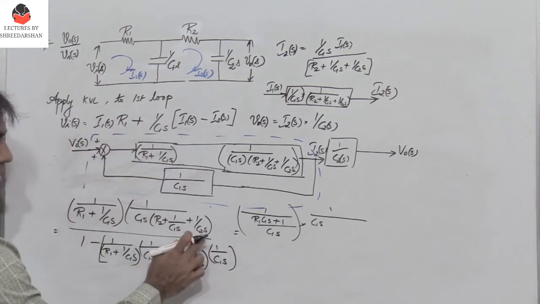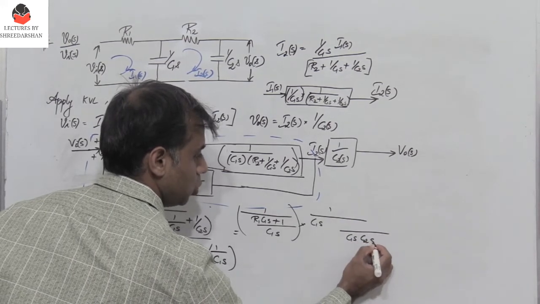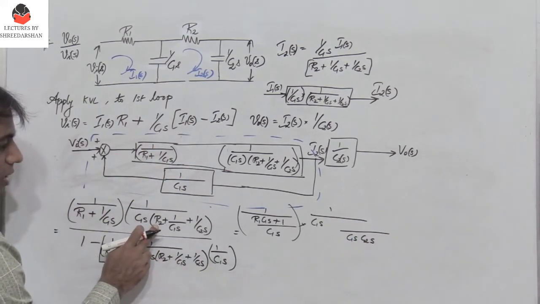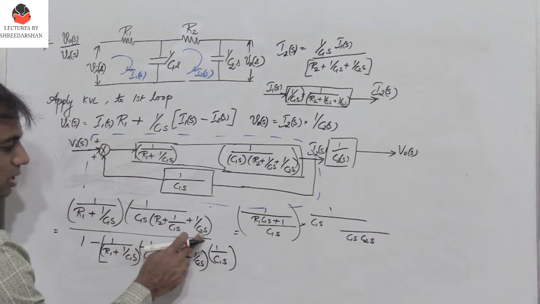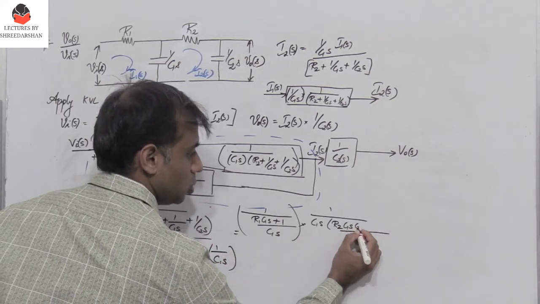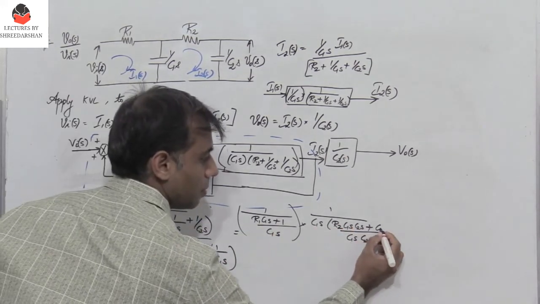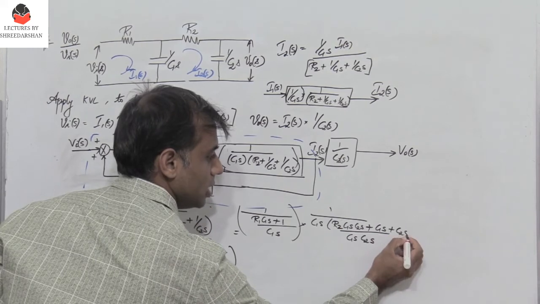So if I take the denominator common, which is C1S C2S, so I have R2 which gets multiplied with C1S C2S. So R2 C1S C2S plus, of course, I have C1S plus C2S.